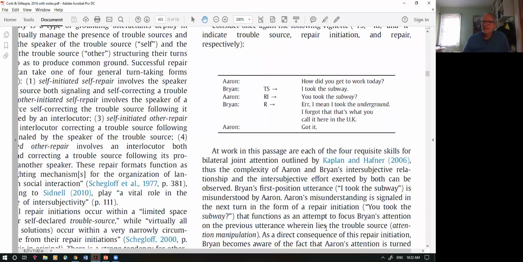It's different from an adjacency pair, because an adjacency pair is something kind of like a clause. Languages have clauses, languages have adjacency pairs. And when somebody produces the first part of an adjacency pair, you would expect the second part to happen after the first part. But with a repair, you never really know where that's going to happen.